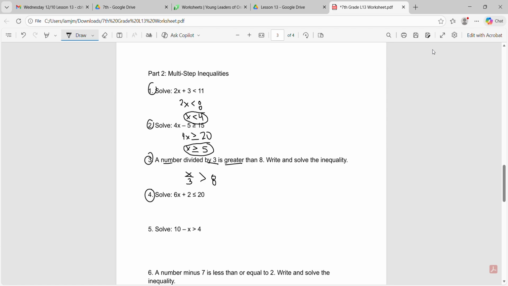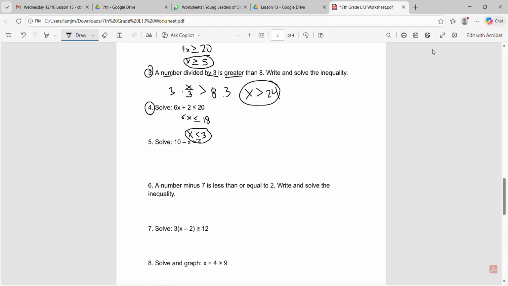To get rid of a division, to get rid of the denominator, you just multiply both sides by 3 and you get x is greater than 24. Number 4, solve 6x plus 2 is less than or equal to 20. Subtract both sides by 2. 6x is less than or equal to 18. Divide both sides by 6 and you get x is less than or equal to 3.